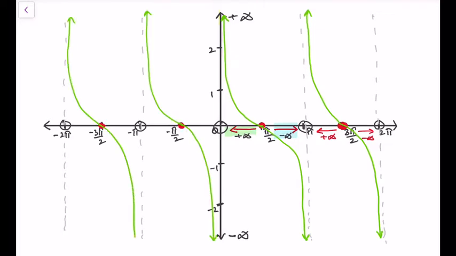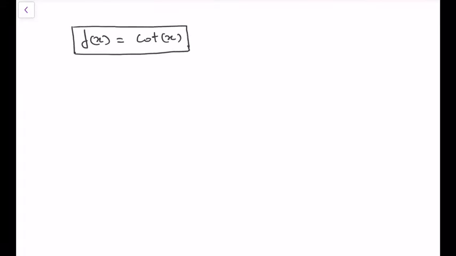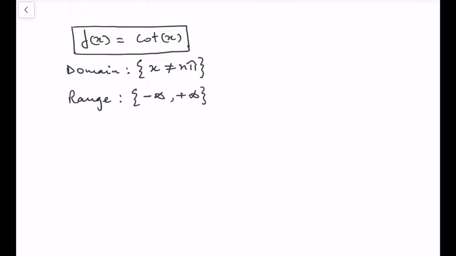So similarly, we can graph for other points too. So for the function fx is equal to cot x, domain is x cannot be n pi, and its range is from minus infinity to plus infinity.